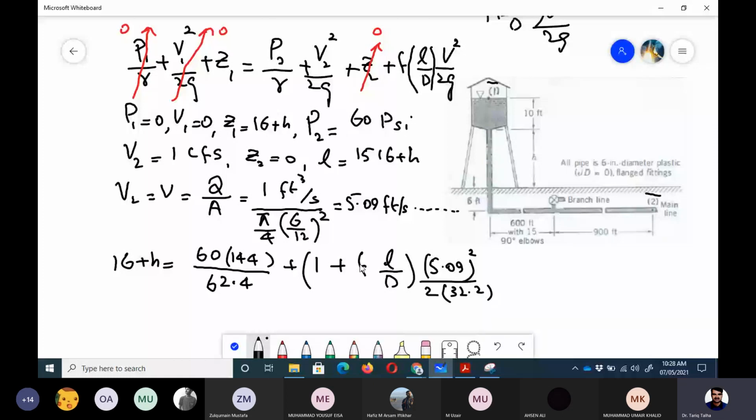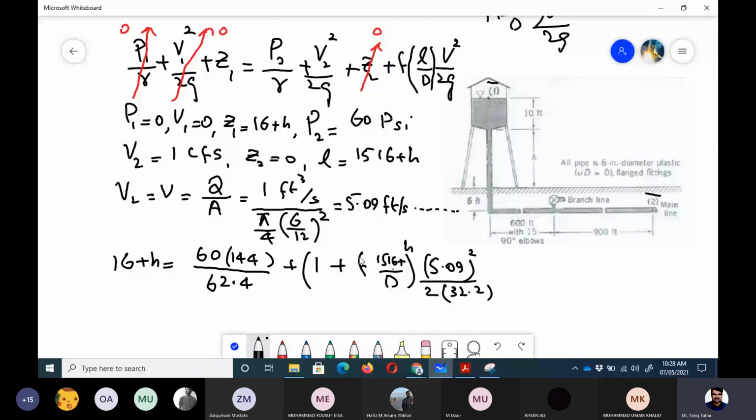So now, what is the length here? We can write the length straight away. The length is 1516 plus H, right? That is the total length of the pipe. Then the F calculation needs to be done here.